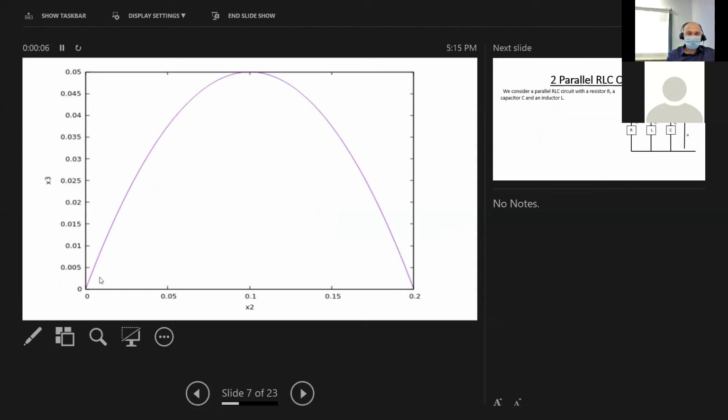So I made this plot, all right? I just plotted the function. Here you have x3 as a function of x2. So x3 equals x2 minus g divided by 2 times x2 squared, where I took g to be 10, which is a rough approximation.